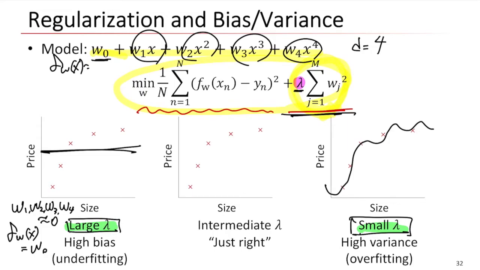Then by using an intermediate or proper lambda value, we can fit the mapping function well, something like that. So that's why we have to pick the best value for lambda.